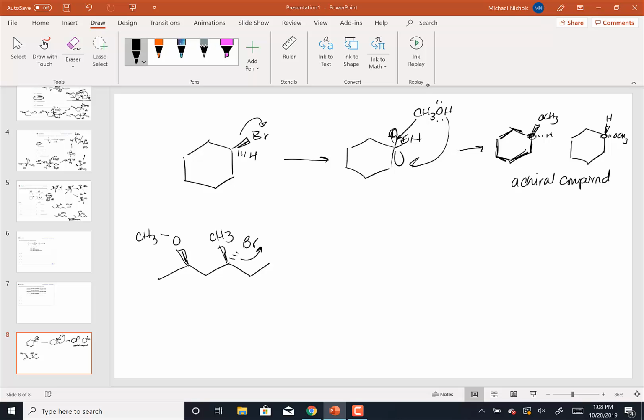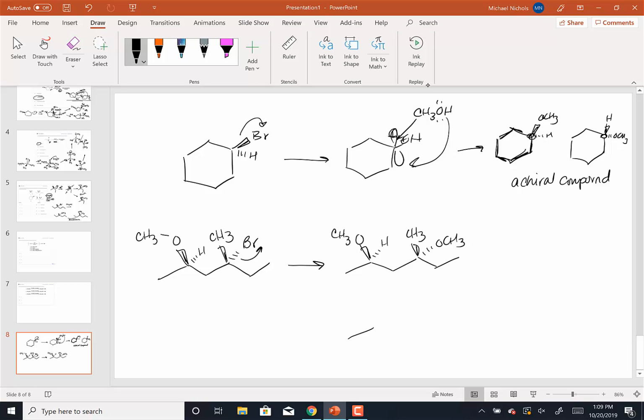So when the carbon-bromine bond breaks and I make the carbocation, I'm going to add the OCH3 of the methanol. Now I'm going to put this hydrogen in just to show you. Then what will happen is, in one case, the OCH3 will replace the bromine in essence.